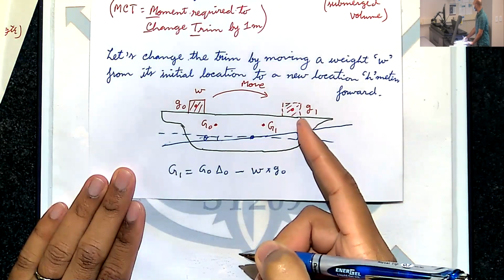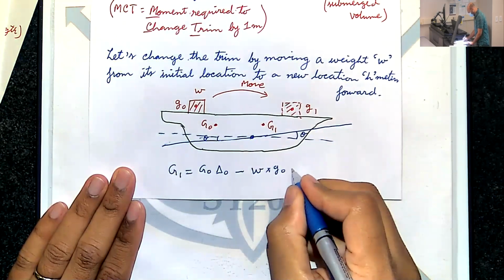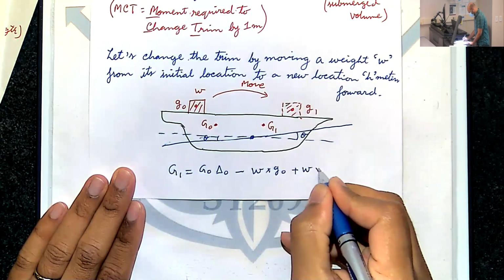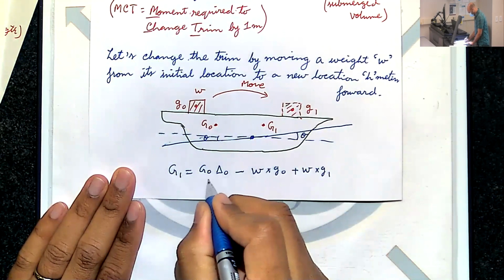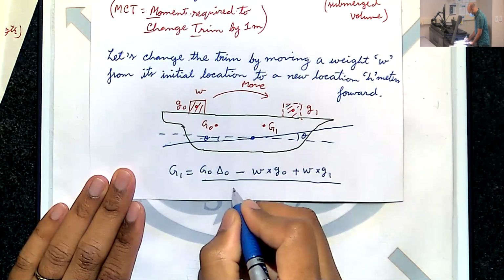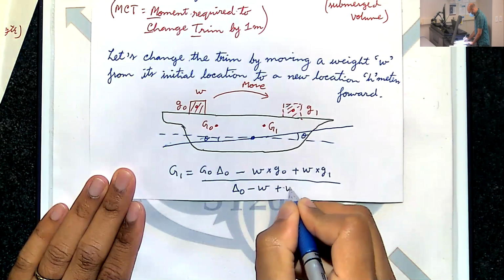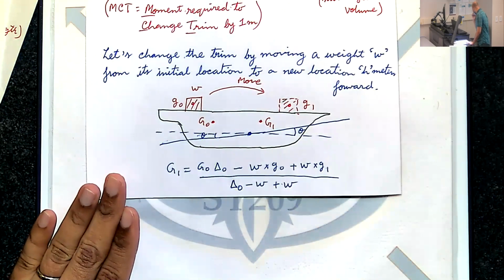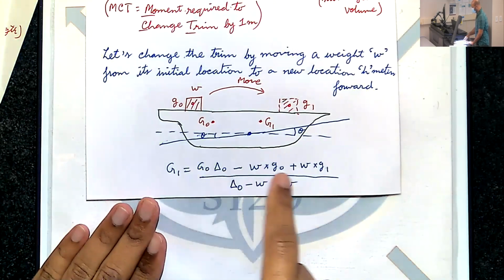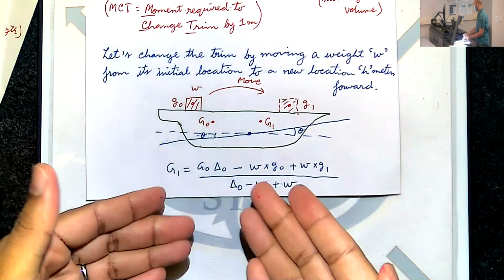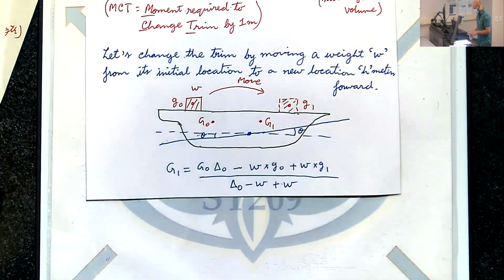We added mass at the forward position, so we put a plus W times g1, divided by initial mass, mass subtracted, mass added. I'm using weights, but you can change it to mass just by dividing by acceleration due to gravity.